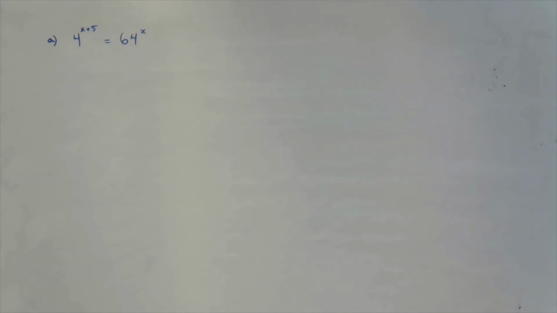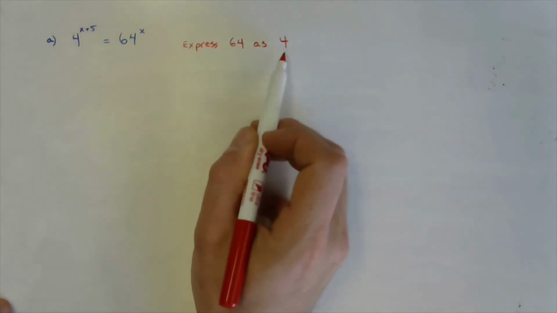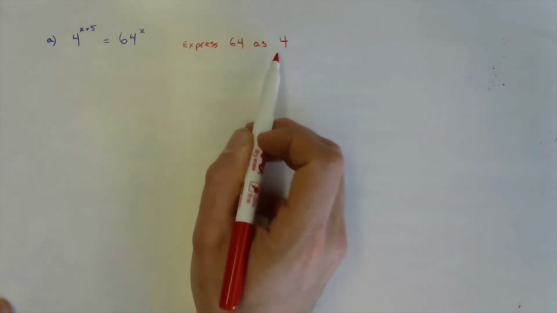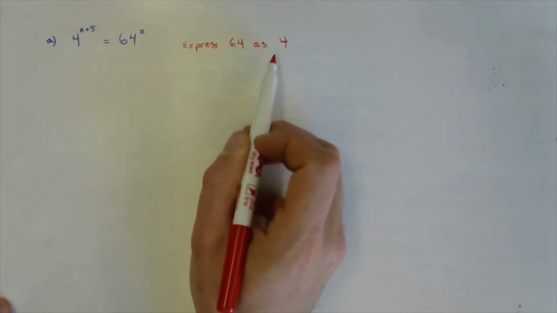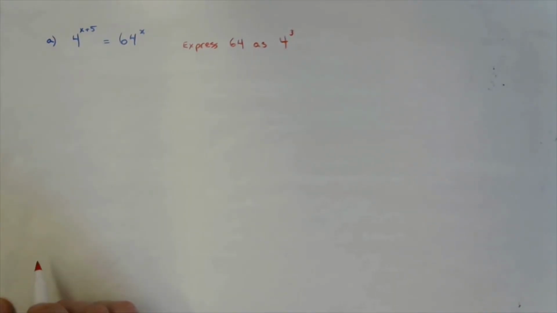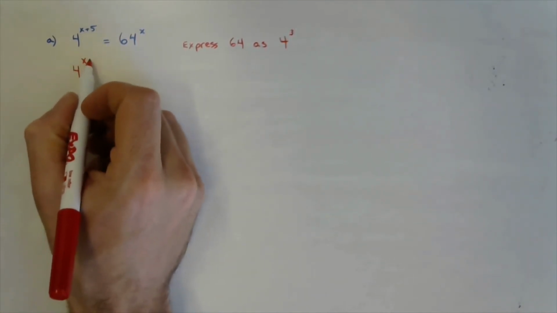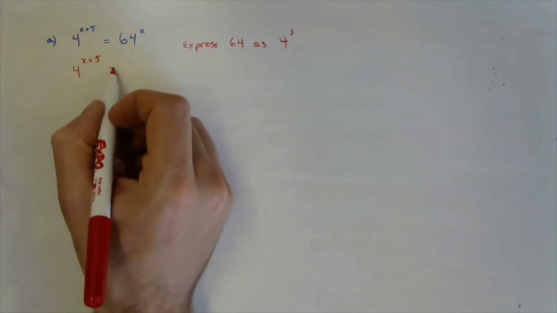Well, we're going to express 64 as 4 to the power of 3. You have it memorized now: 4 times 4 is 16, times 4 is 64. In our next step, the left side hasn't changed. It still has an exponent of x plus 5.